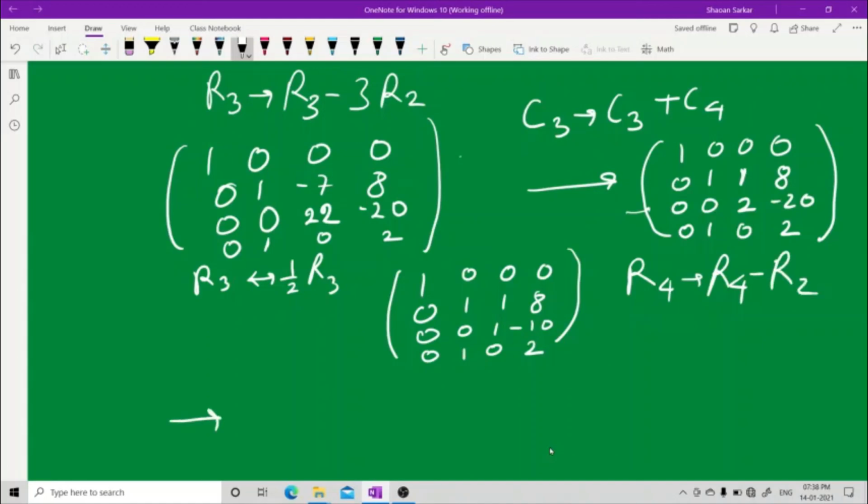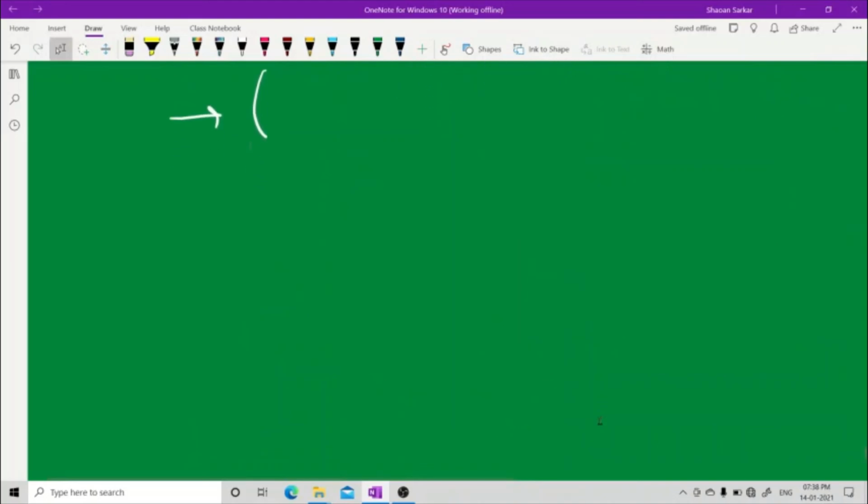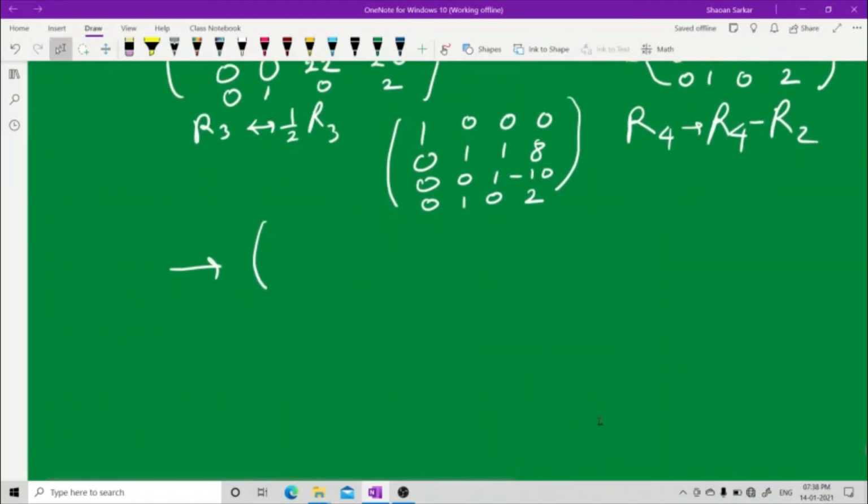So now you will get 1 0 0 0, then 0 1 1 8, 0 0 1 minus 10, and then 0, 1 minus 1 is 0, and then 0 minus 1 is minus 1, and 2 minus 8 is minus 6.